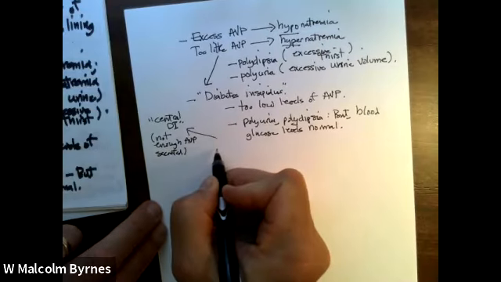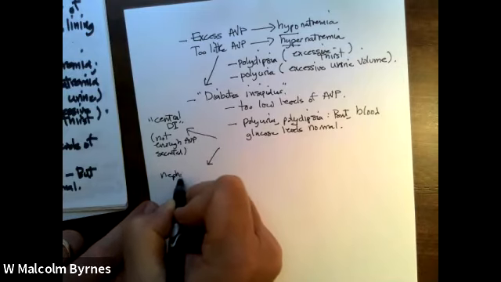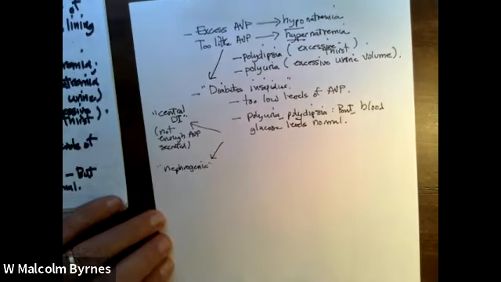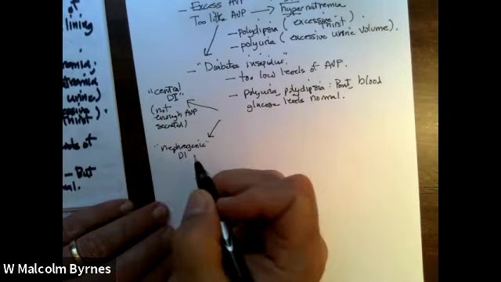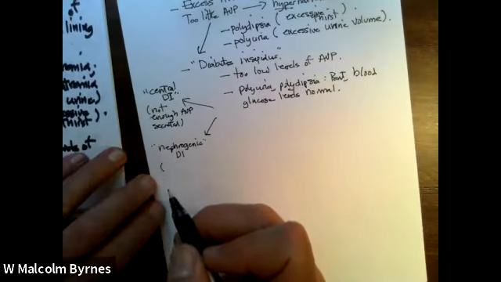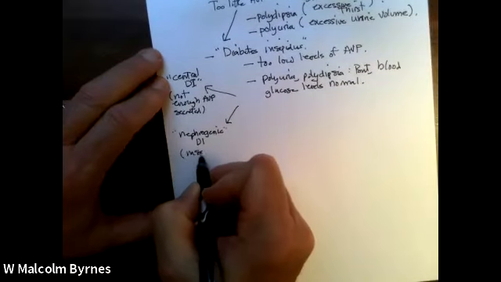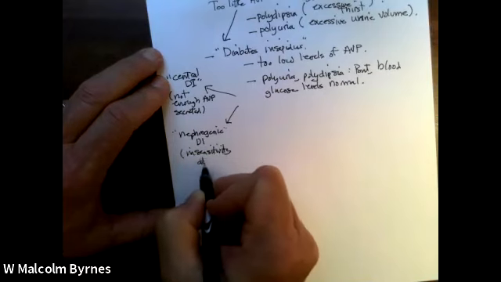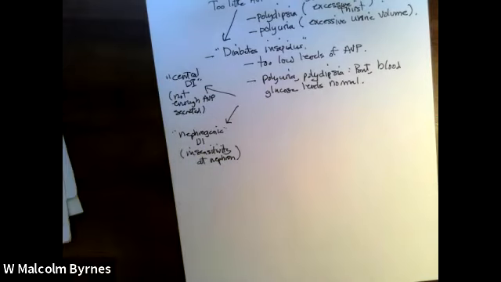There's also a kind called nephrogenic, where the cause is at the nephron of the kidney, nephrogenic diabetes insipidus. And there's some insensitivity at the nephron itself. So we can think of two different kinds.